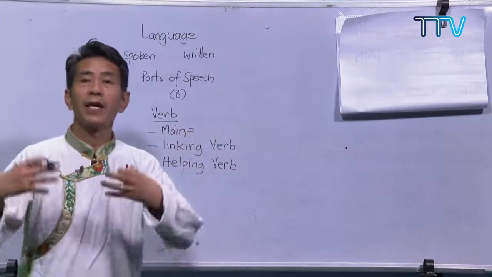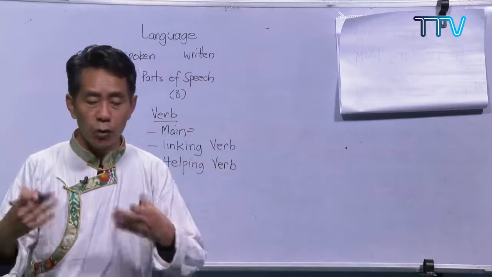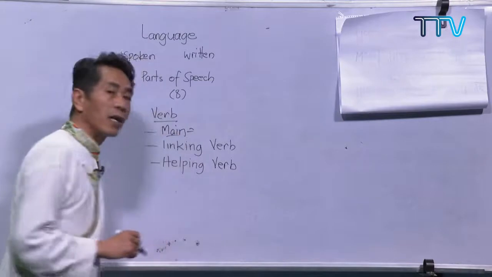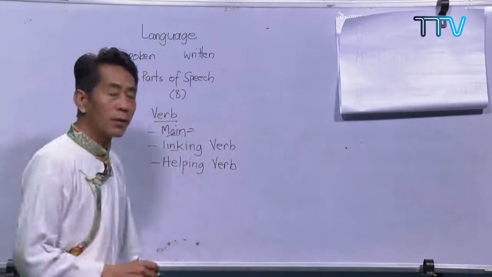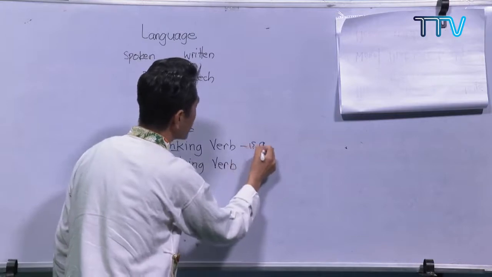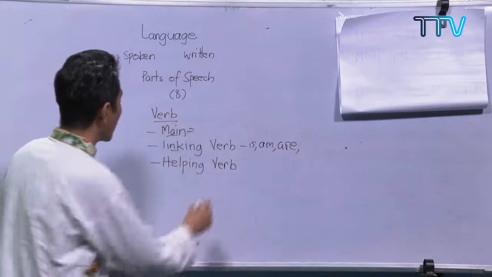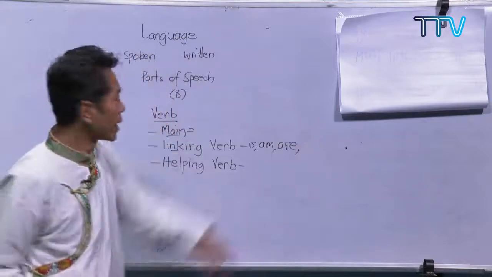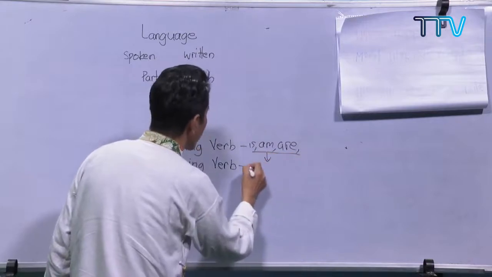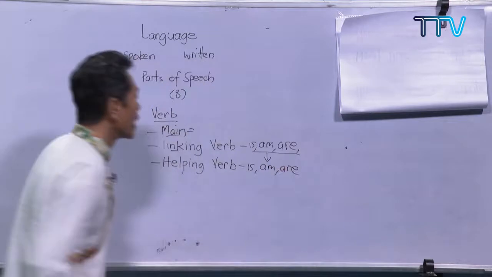We also have the ing form, continuous, playing, singing, and we also have the third form. Then the linking verb: we have words like is, am, are. These are linking verbs. And there are so many helping verbs; all these words, is, am, are, are also here.